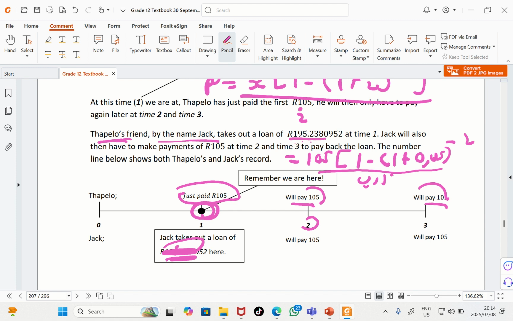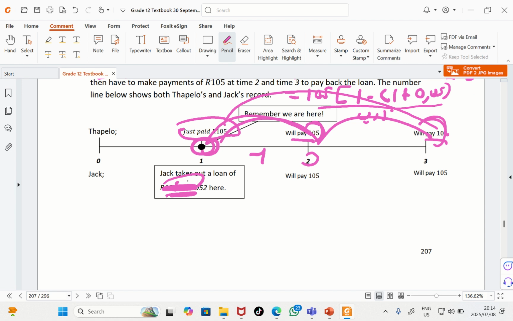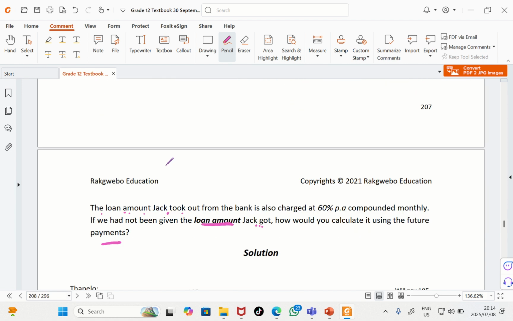The loan amount is calculated by taking all of the future payments and discounting each one back to the present day. So you take this 105 and discount it back 1 period, and this one 2 periods. That's how you get this answer. Let's do that.